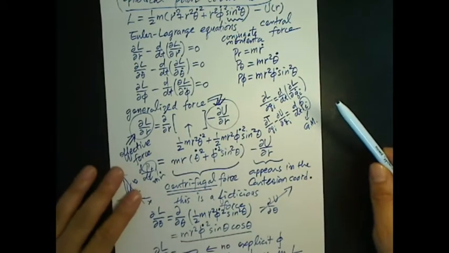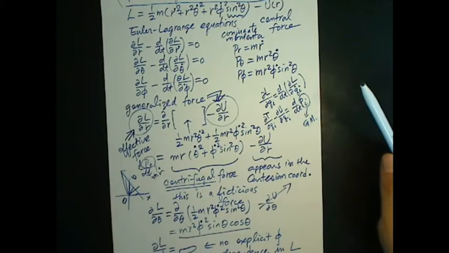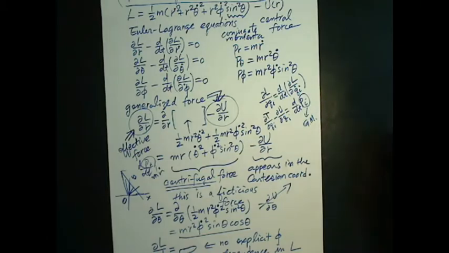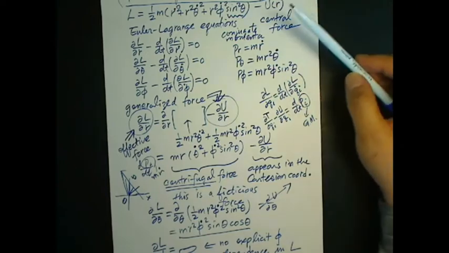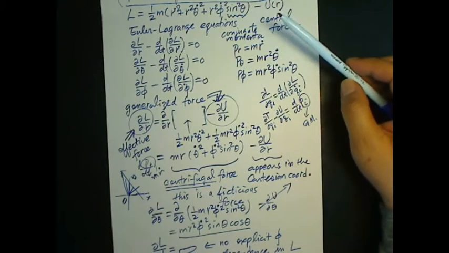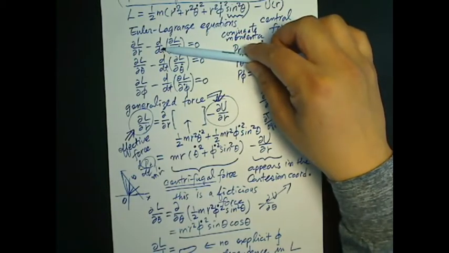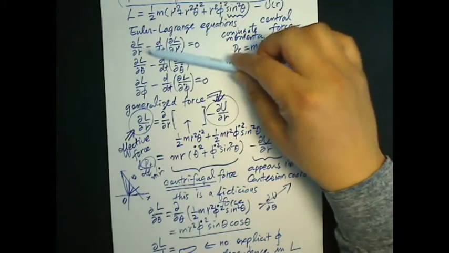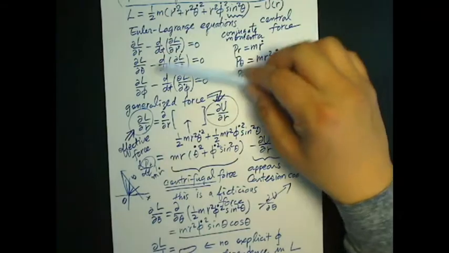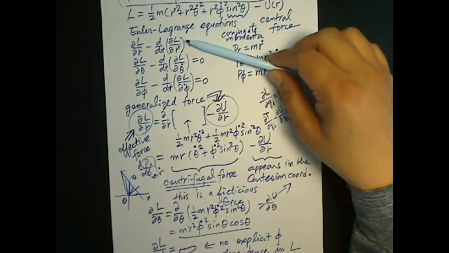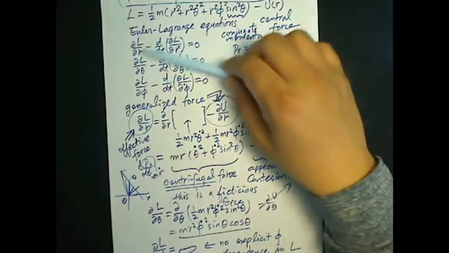Let us look into the structure of the Euler-Lagrange equation expressed in terms of these spherical polar coordinates. In this coordinate, first of all, we can consider the radial part. In the radial part, the left-hand side, let us move to the right-hand side and consider this one only.